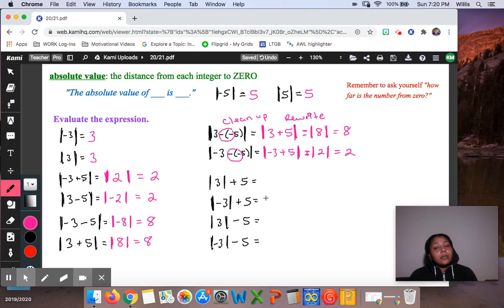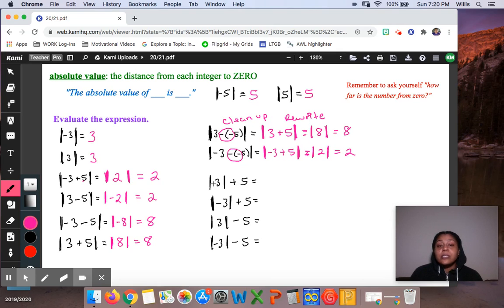Okay, now there might be some instances where you have numbers outside of the absolute value symbol, and that's perfectly fine. Do not freak out. Take care of the absolute values first, then you can proceed with the rest of the math. So here we have the absolute value of 3, then plus 5.